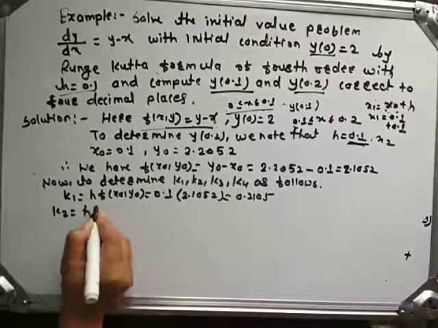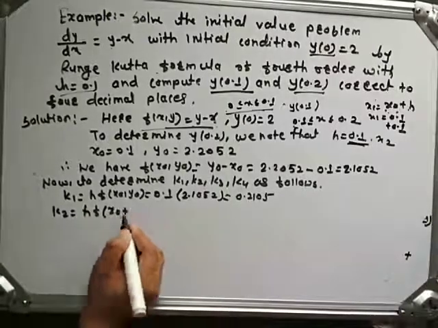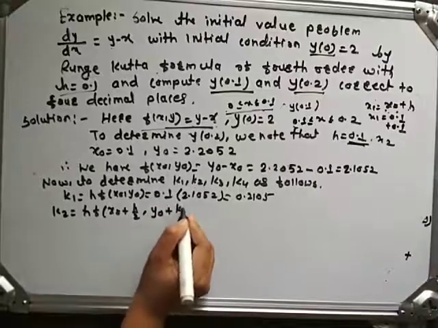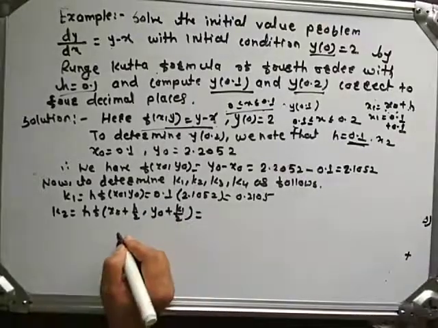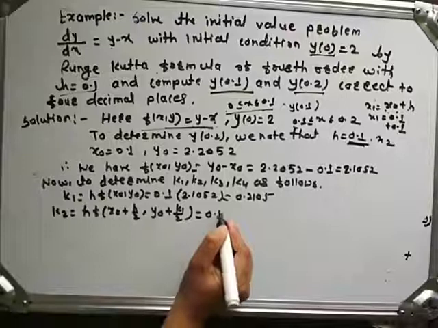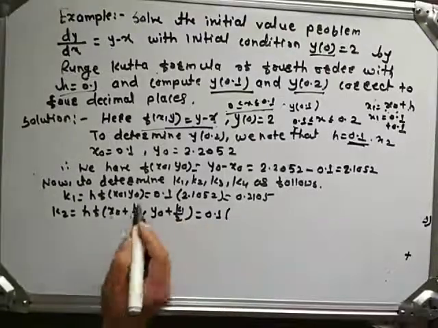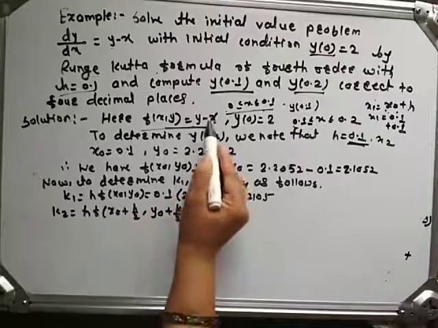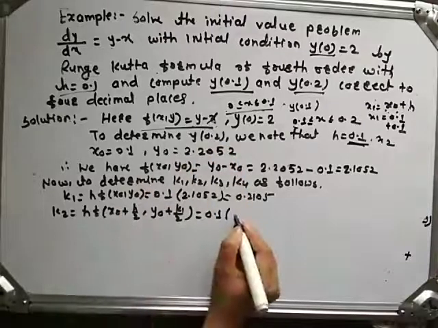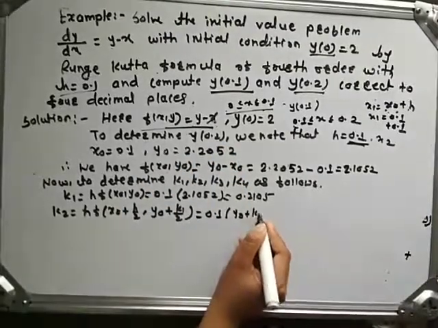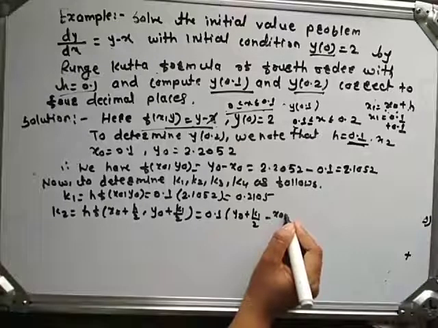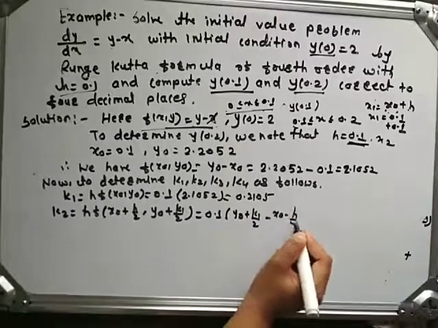Now find out k2. K2 is equal to h into f of x0 plus h by 2 comma y0 plus k1 upon 2. This is equal to 0.1 into, since f of xy is y minus x, y0 plus k1 upon 2 minus x0 minus h by 2.